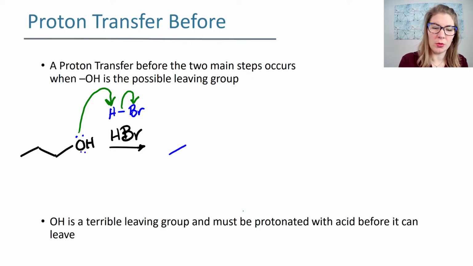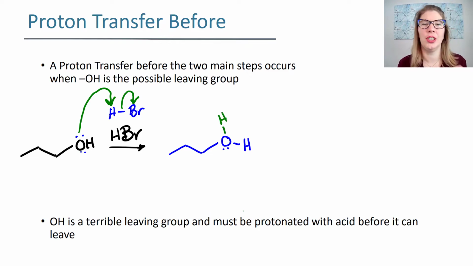Then when we draw the subsequent step, we now have a hydrogen attached to this oxygen that wasn't there previously. This makes the oxygen positive, and it looks a lot like water.